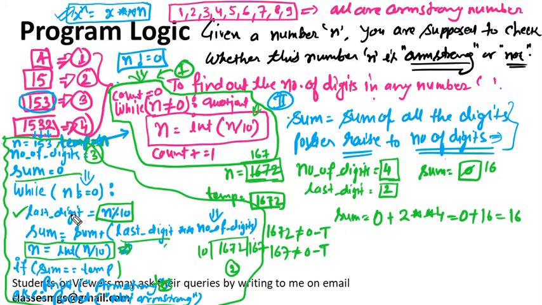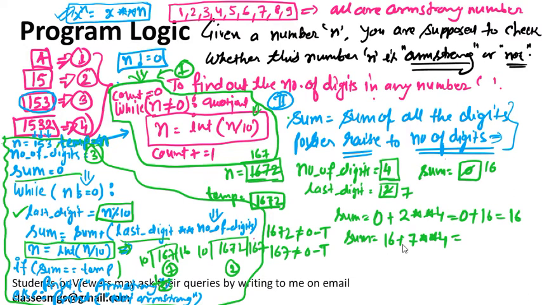Now the last digit will be fetched again. 167 will be divided by 10, then 16 will be the quotient and 7 will be the remainder. So last digit will become 7. Now again this line will be executed. Sum equals the sum value 16, plus 7 raised to power 4, because the number of digits is 4. Let me calculate 7 raised to power 4 for you.